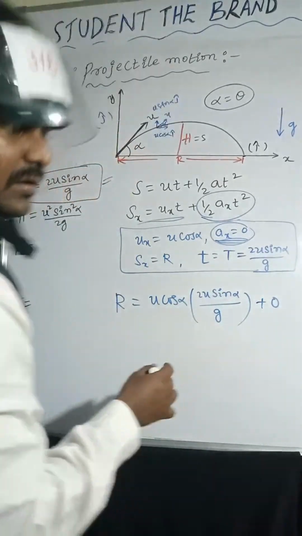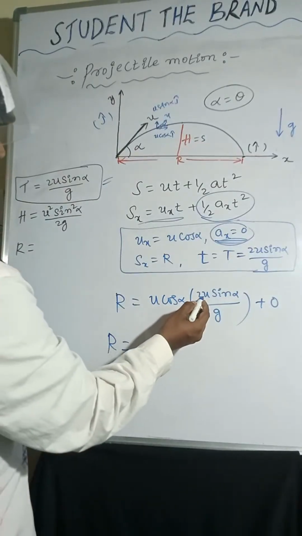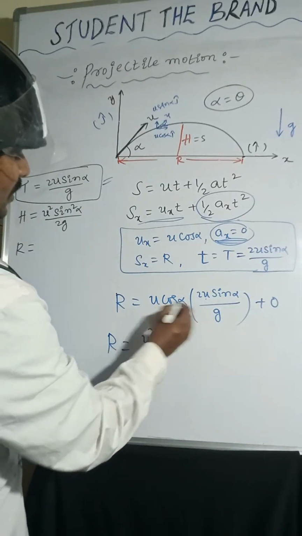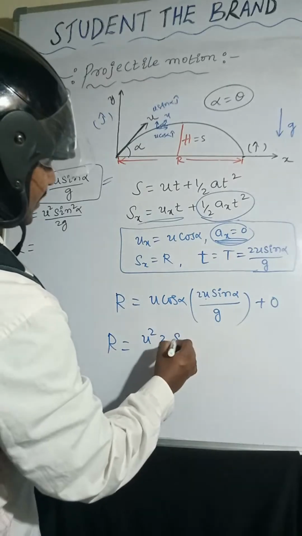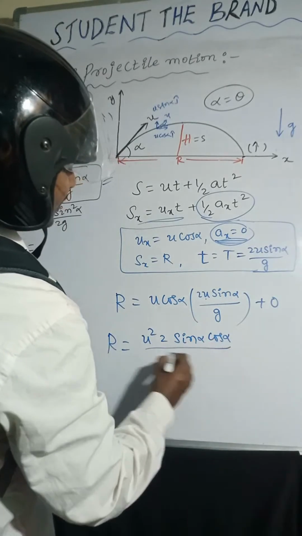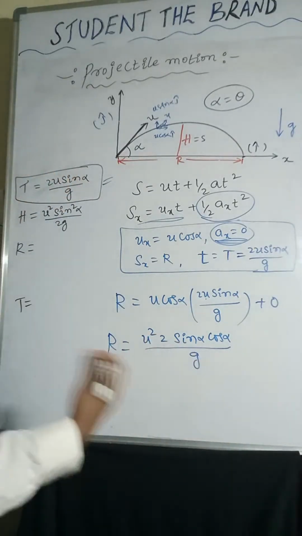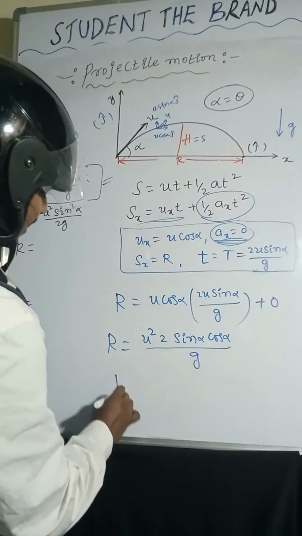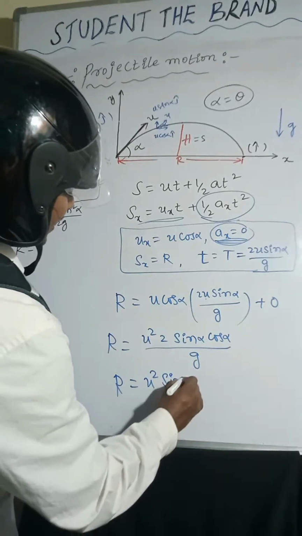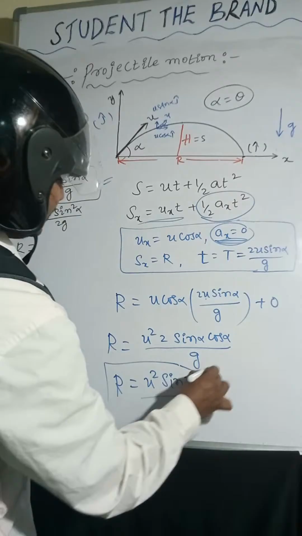Now r equal to u square, 2 into sin alpha into cos alpha by g. 2 sin alpha cos alpha we can write as sin 2 alpha. That is r equal to u square sin 2 alpha by g. So this is the equation.